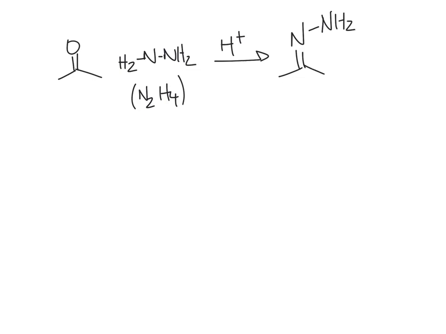This is called a hydrazone. Formation of that imine follows a previous video that I did on imine mechanism. So what we're going to do is start from that imine and add the base. This will be the step 2 part of the reaction.